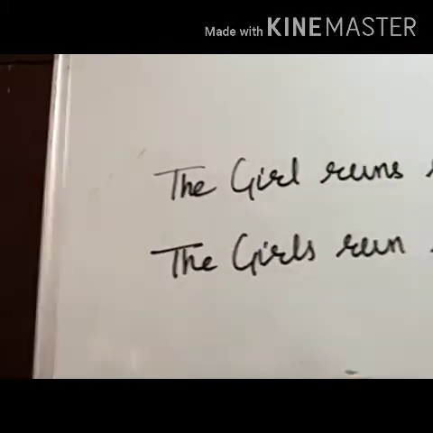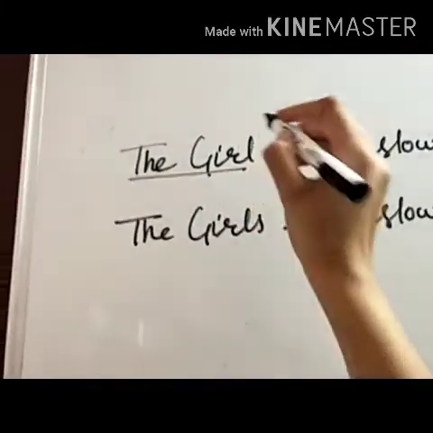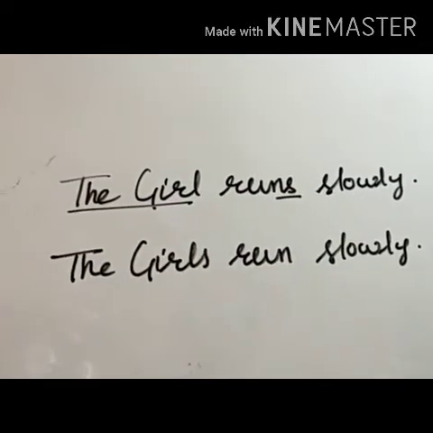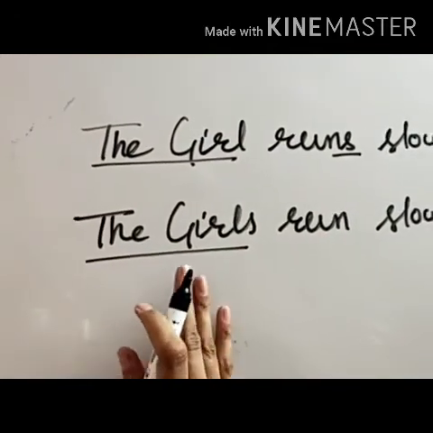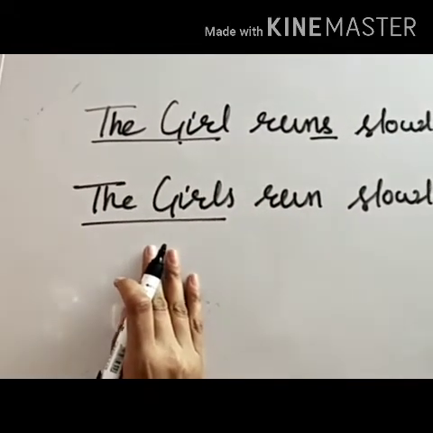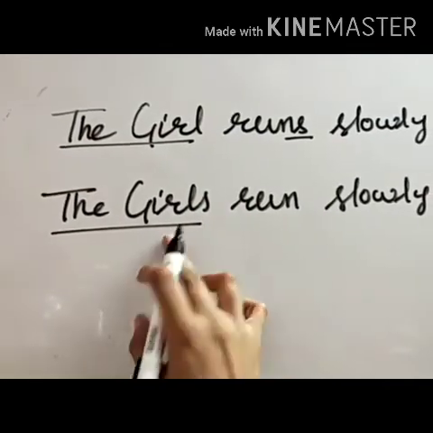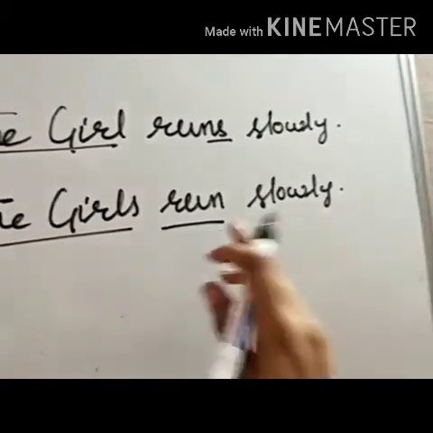You can see the difference here. The subject is singular, that's why we are applying s with the verb. And here the subject is in plural form, the girls, more than one. That's why we are not using S/ES with the verb.